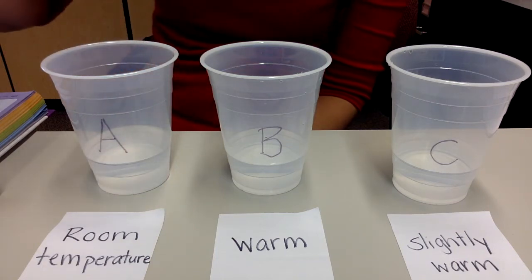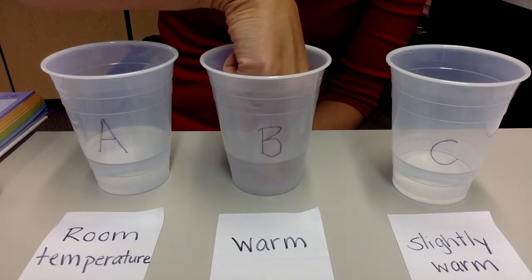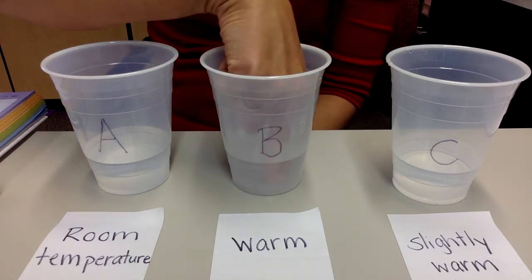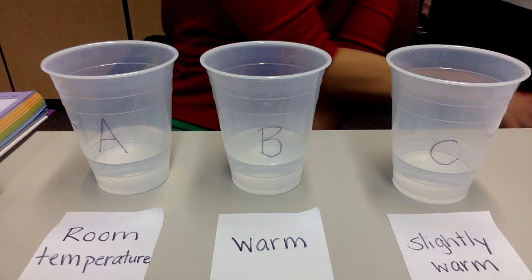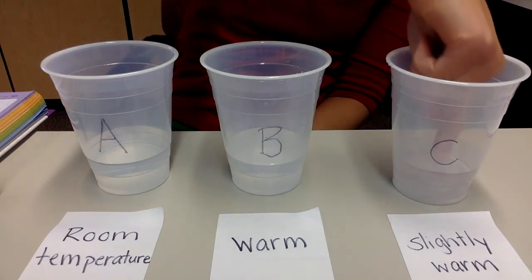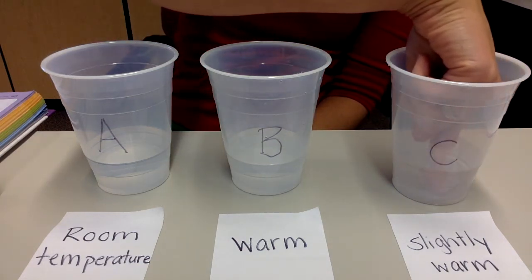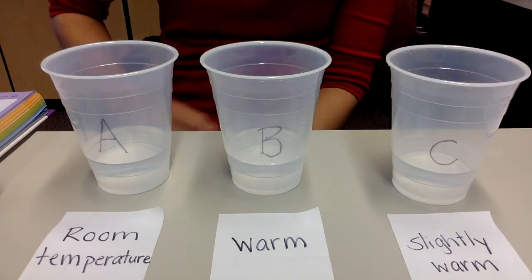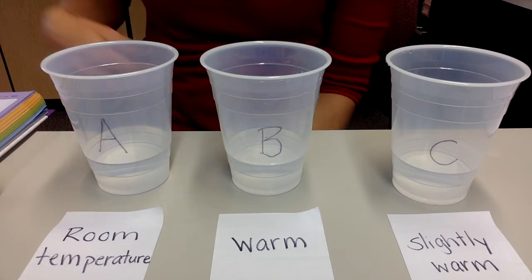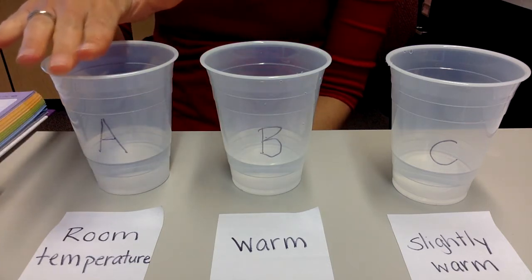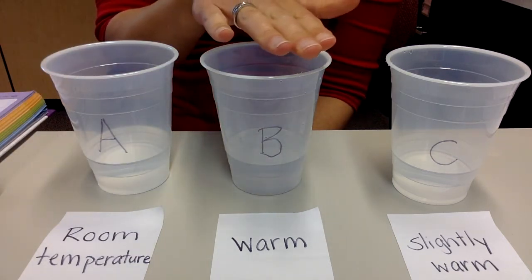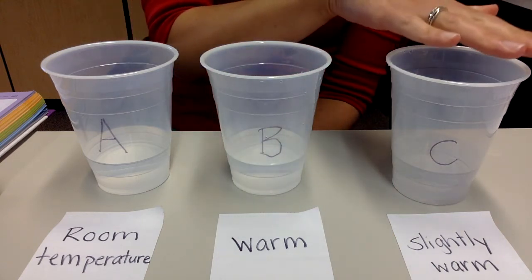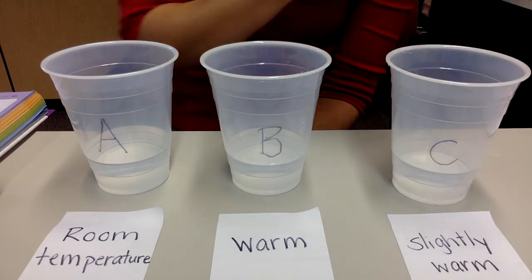If I put my finger in the warm water, it definitely feels significantly warmer. And if I put my finger into the slightly warm water, I would agree that it's kind of neither. It's not really cool or warm. So cup A, I would say, is cool. Cup B is warm. Cup C is neither.